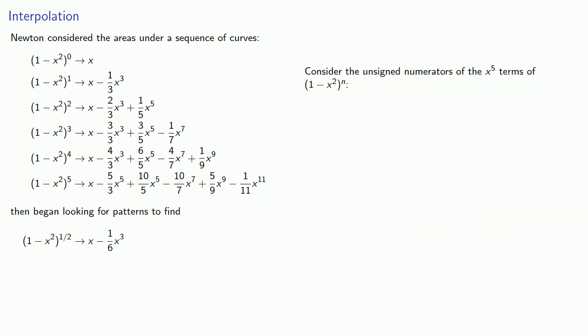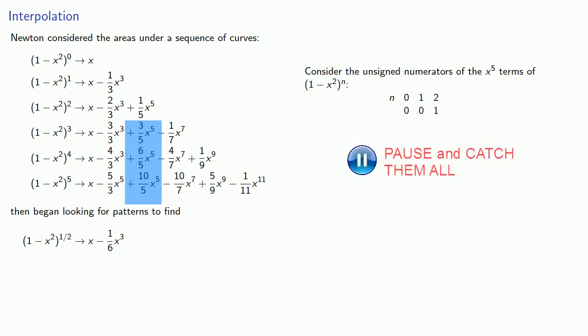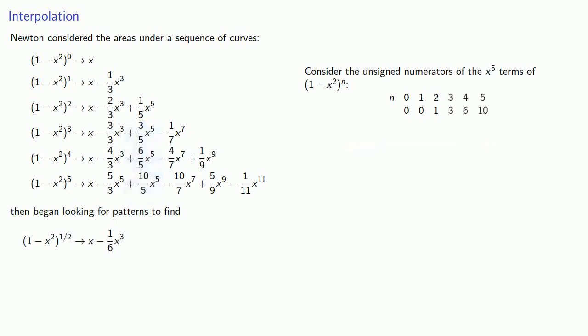Now let's look at the unsigned numerators of the x to the 5th terms of our expansions. So if our exponent is 0 or 1, the x to the 5th term has coefficient 0. If n equals 2, the coefficient has numerator 1. And for 3, 4, and 5, the coefficients are 3, 6, and 10.